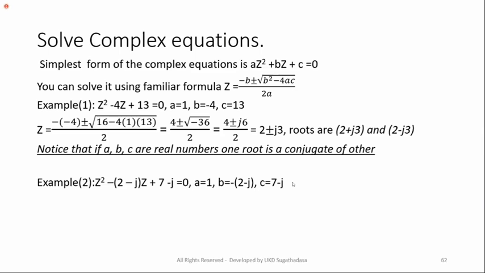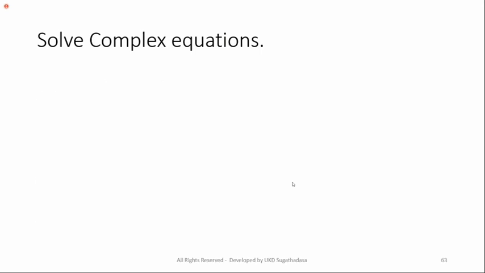Now here you see a, b, c are not all real. a is real, but b and c are complex. There are situations like that in some applications. You see this kind of equation. Now z equals, use the formula: minus b plus or minus the square root of b squared minus 4ac. a is 1. Simplify.